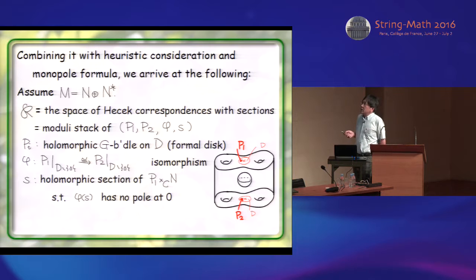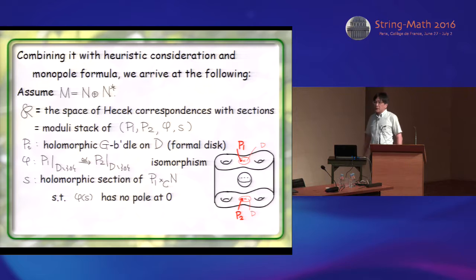So this is a moduli stack of quadruples, P1 and P2 and phi and S. P1 and P2 are holomorphic G-bundles on the formal disk. And phi is an isomorphism between P1 and P2 over the formal disk minus the origin.